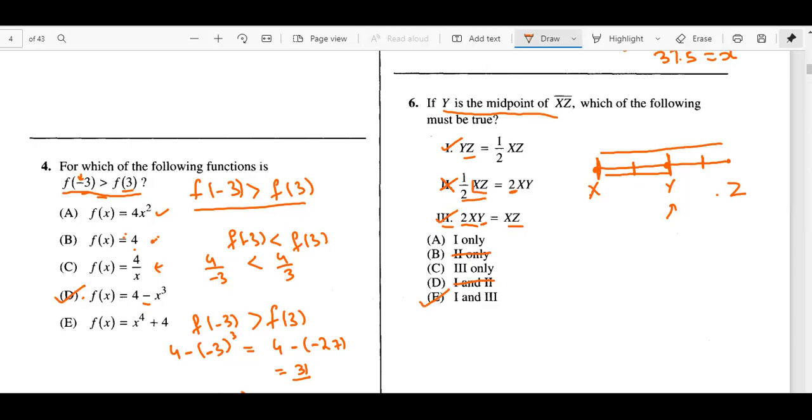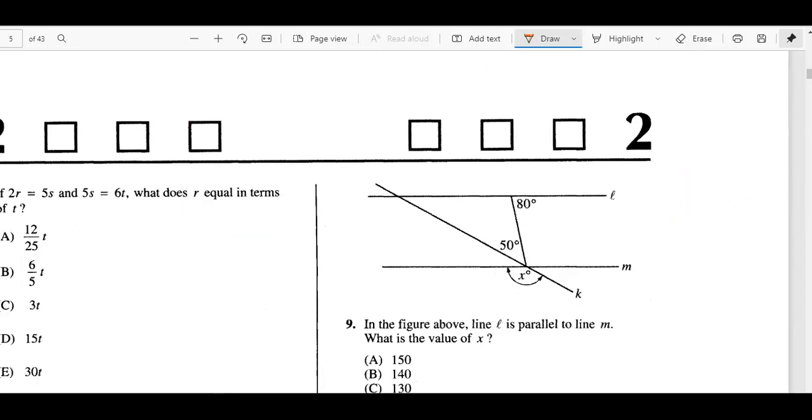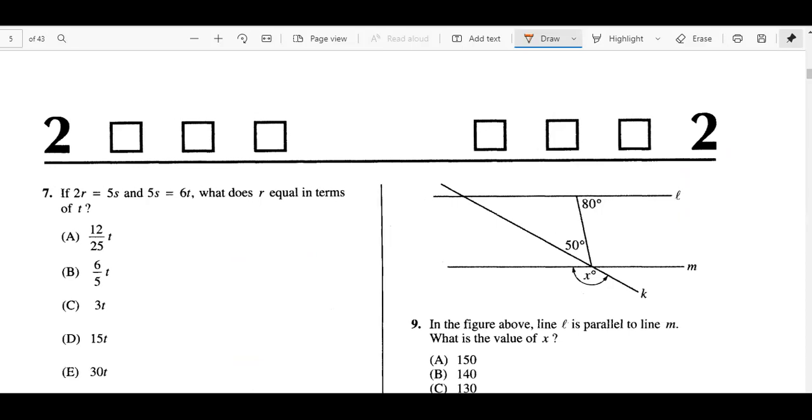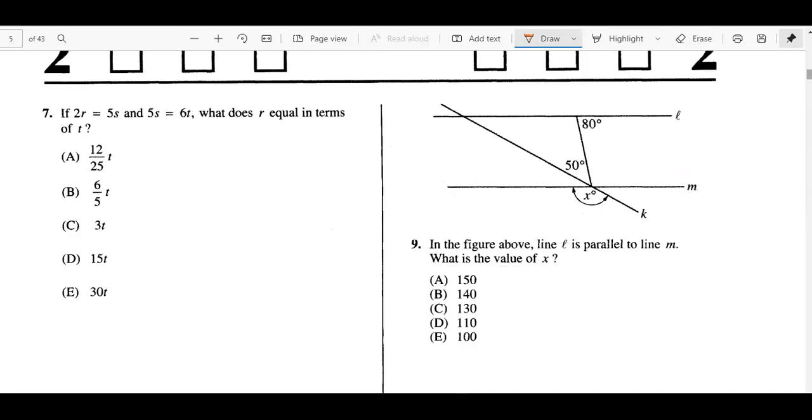So are you clear with this part? Yes, ma'am. Okay. I want you guys to try out the 7th question, please.